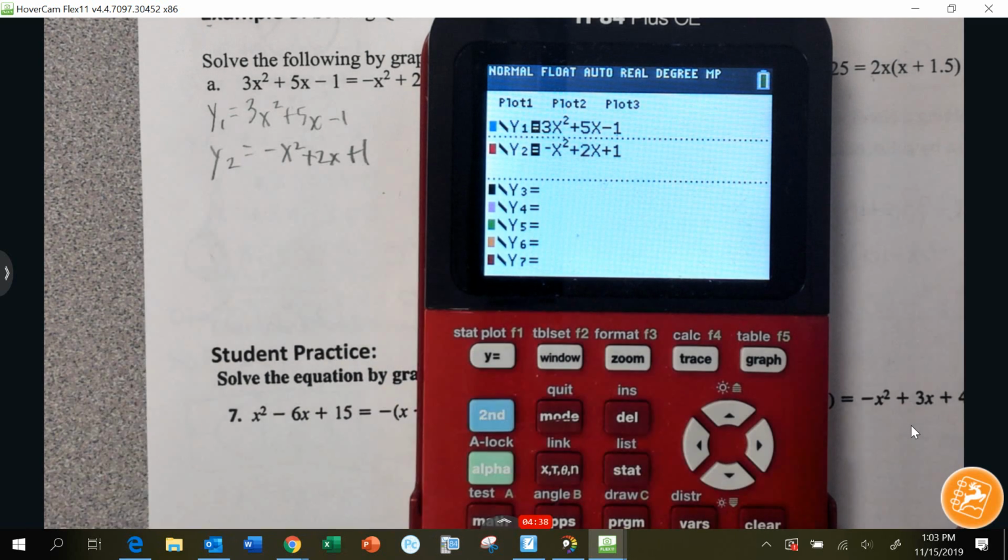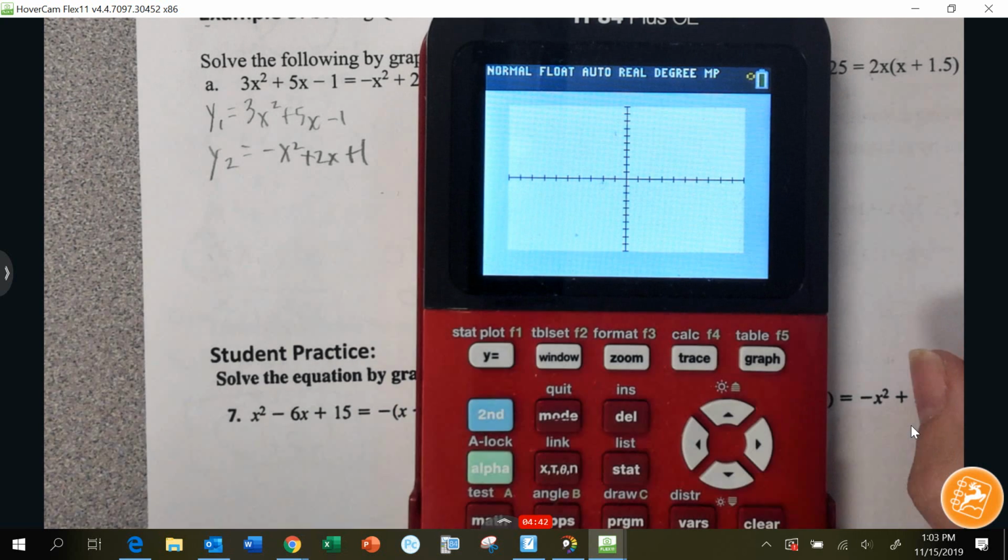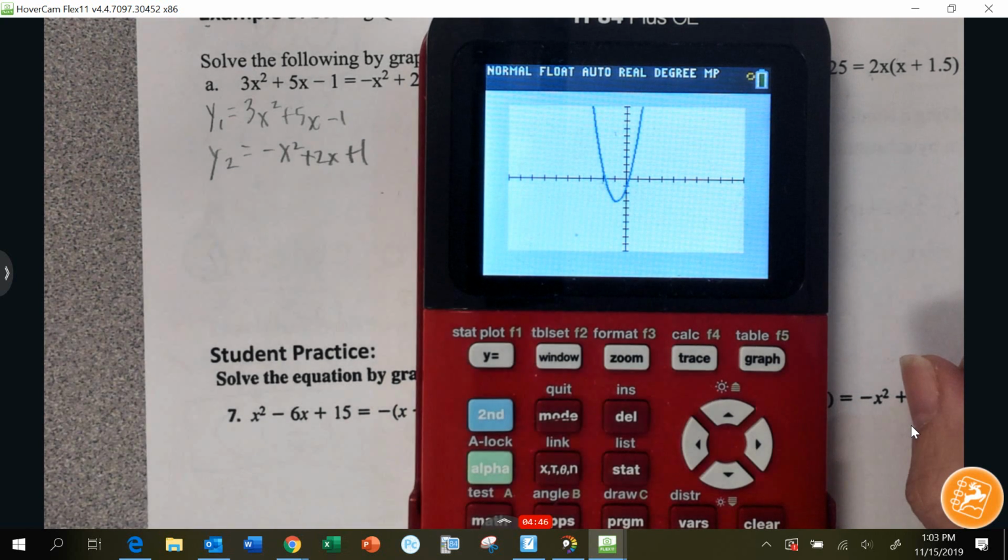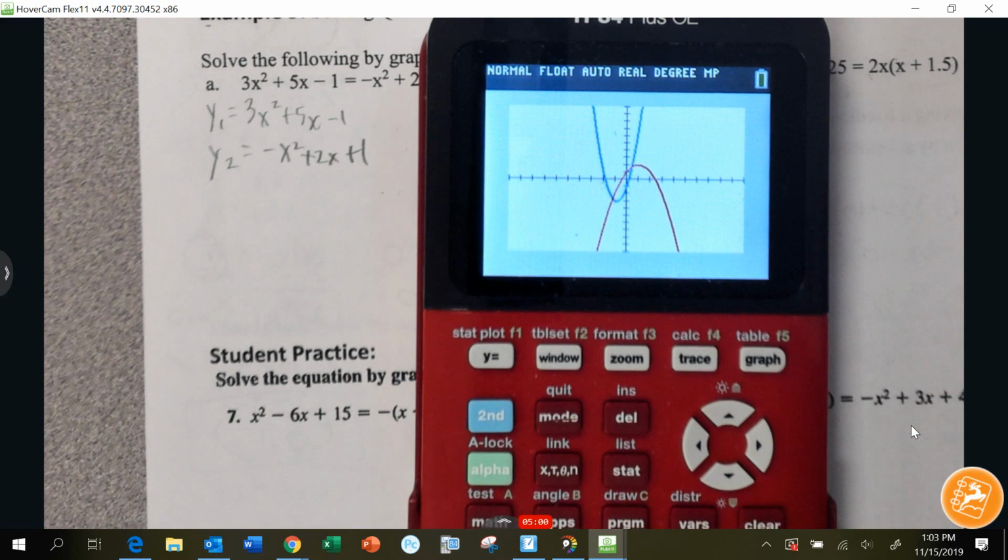Get it typed in your calculator, hit graph. How many solutions will we have? Because it crosses twice? Okay.